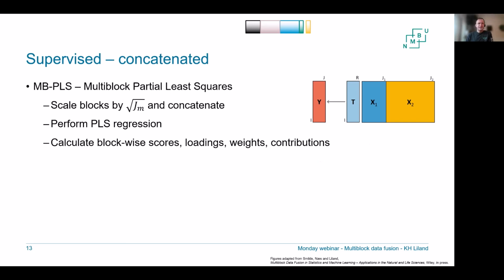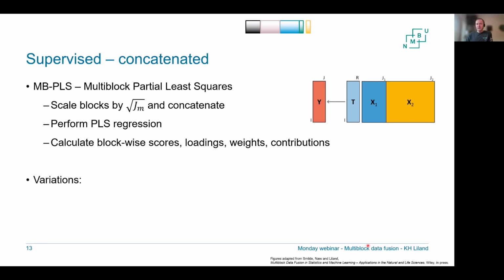I present this as if this was the only way to do it. The original one was actually a process where you would not start with a concatenated one, but you would have all the blocks separate in the process, make super scores and super loadings. But the result will be the same if you do this in the correct way.